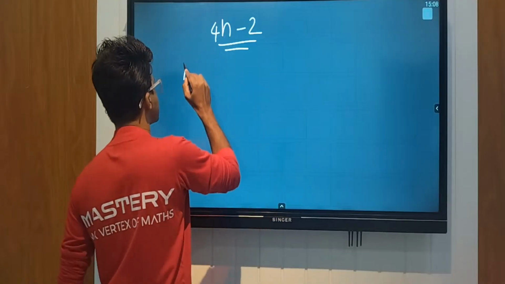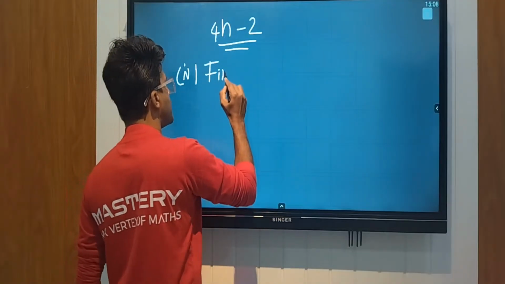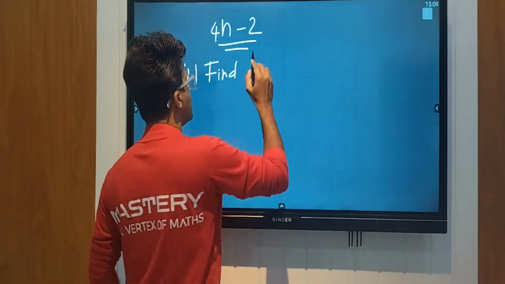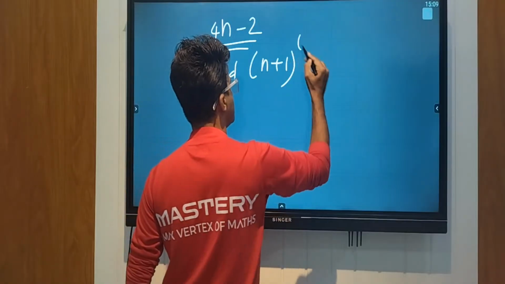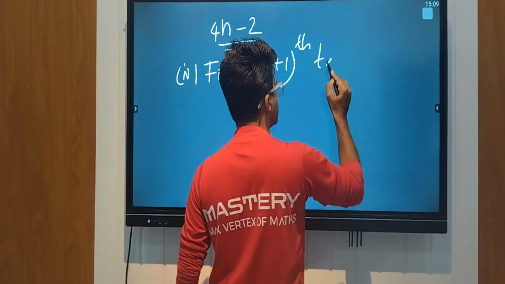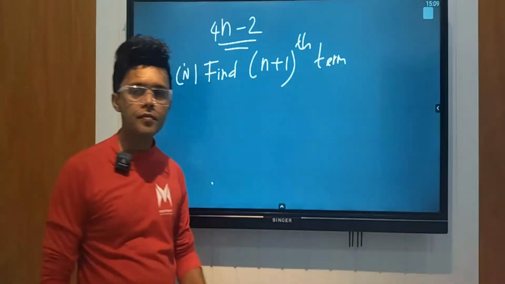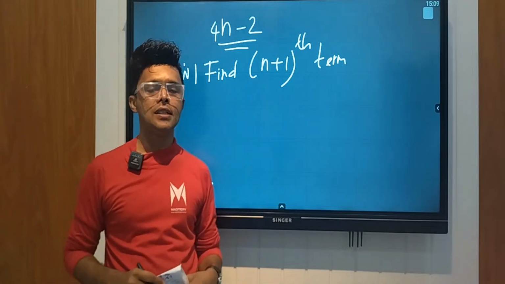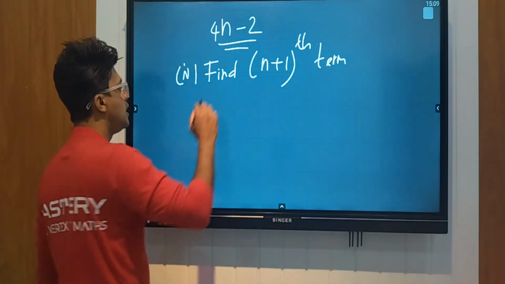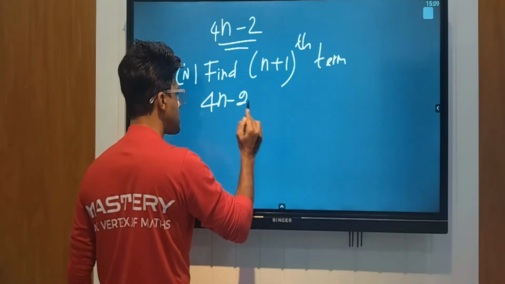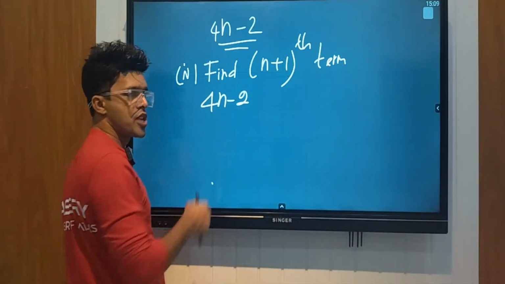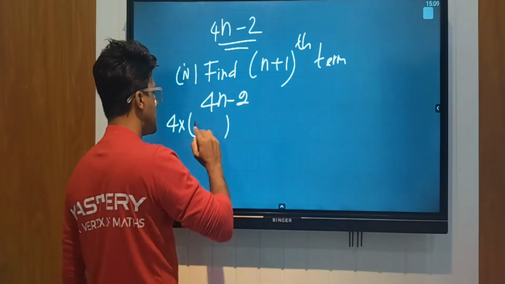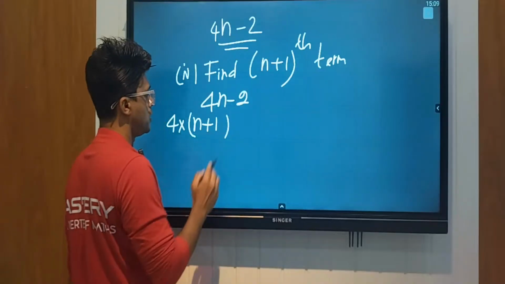The fourth question is to find the n plus 1 term. How can we calculate it? According to the given general term, we substitute n plus 1 instead of n.